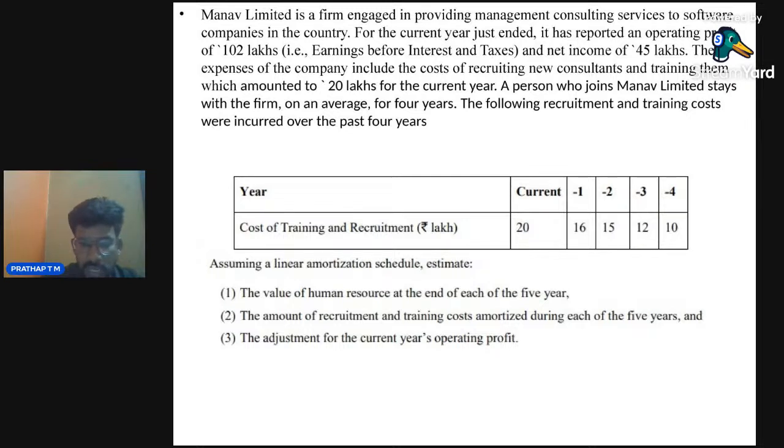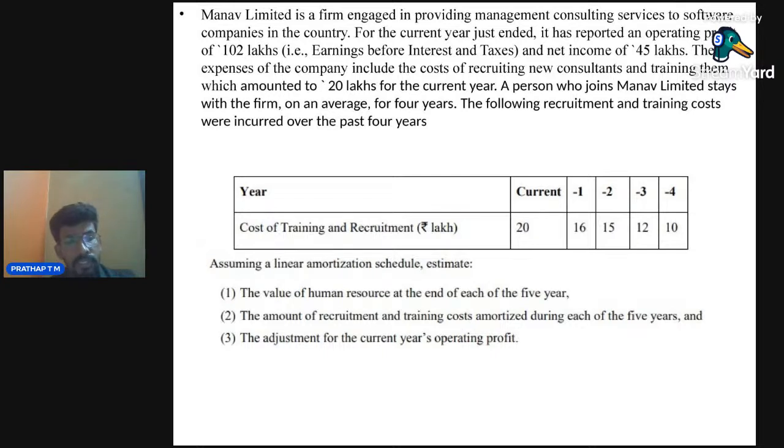You have to less your amortized cost. Amortized cost is around, you have calculated this year, that's 13 lakh 25,000. So if you do that, 1 crore 8 lakh 75,000 will become your total earnings of a company.